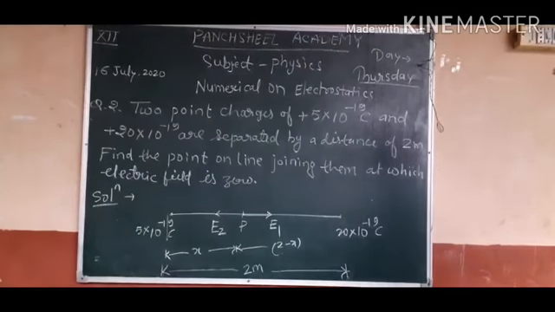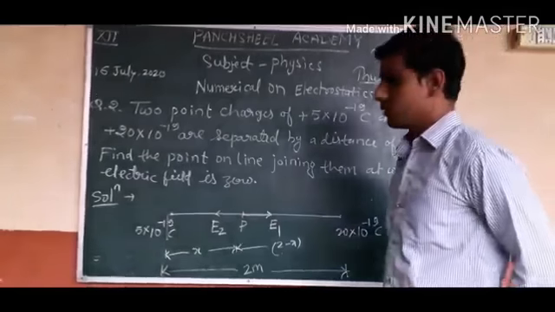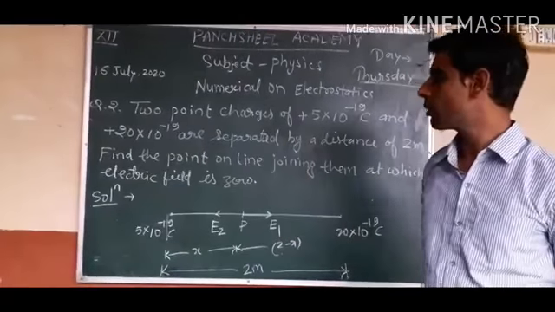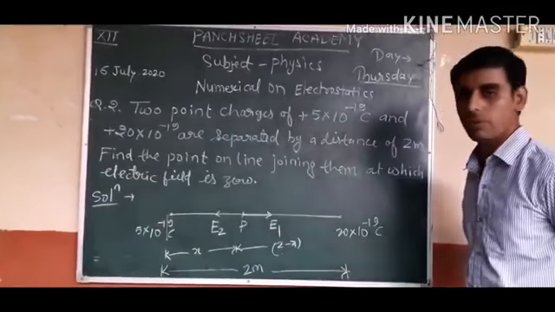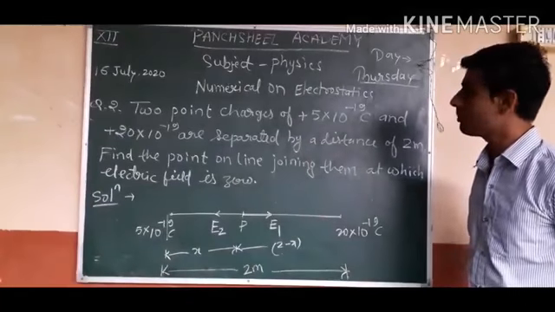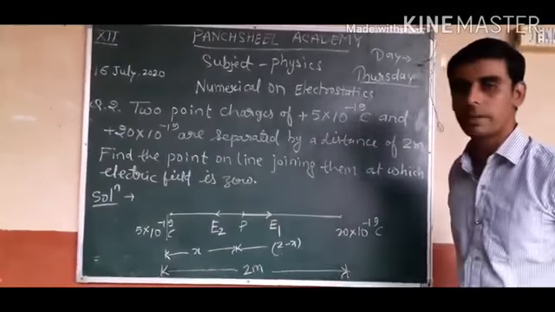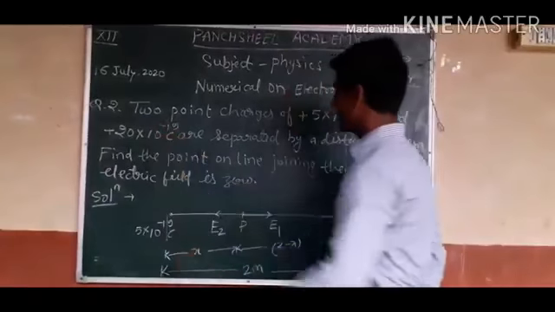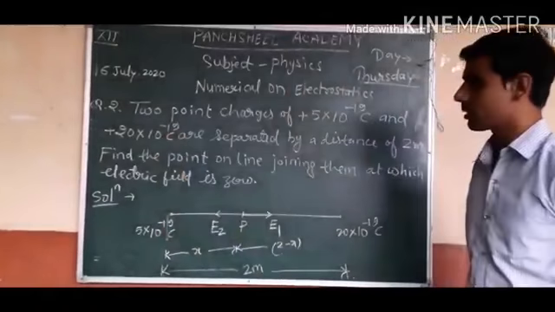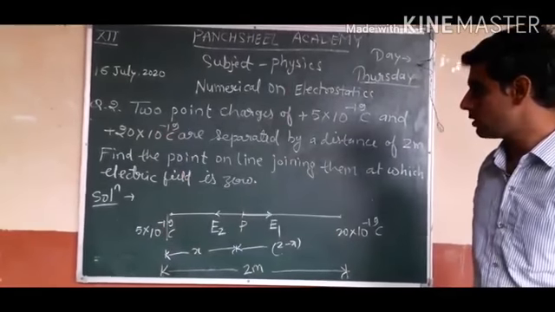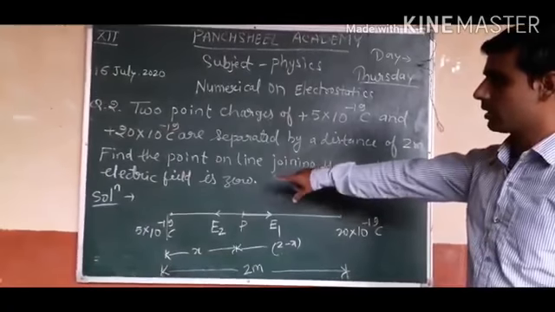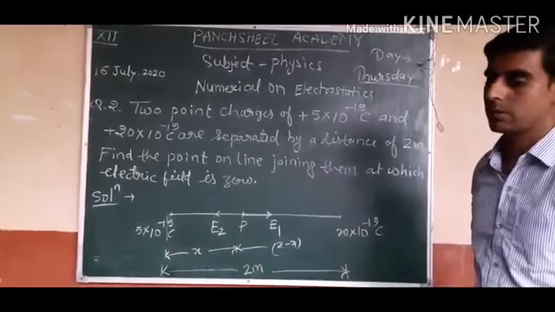So one more question which is based on electric field intensity. 2 point charges of plus 5 into 10 to the power minus 19 coulomb and plus 20 into 10 to the power minus 19 coulomb are separated by a distance of 2 meters. Find the point on the line joining them at which the electric field is 0.